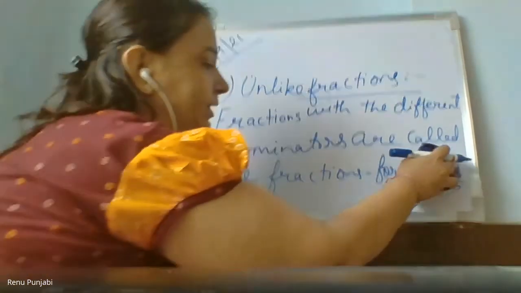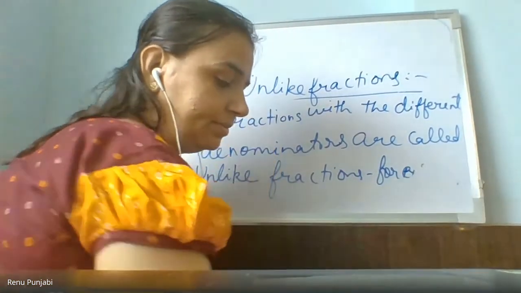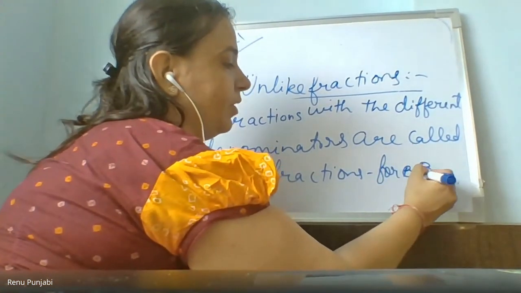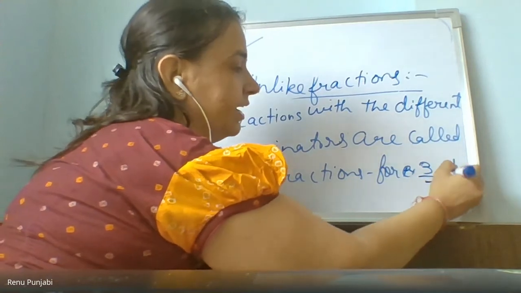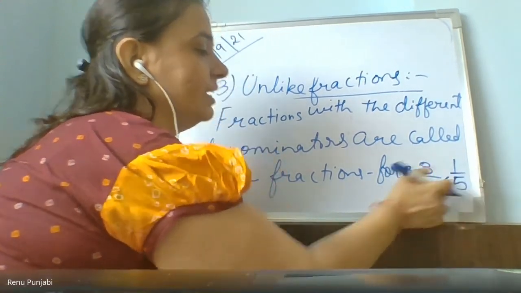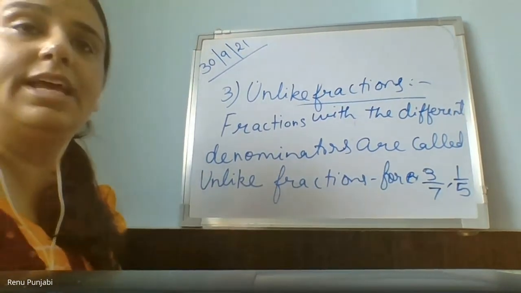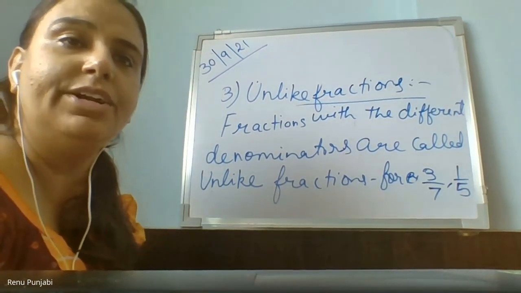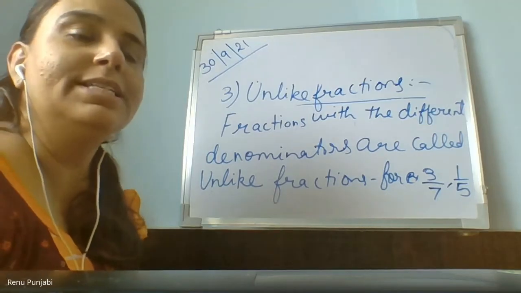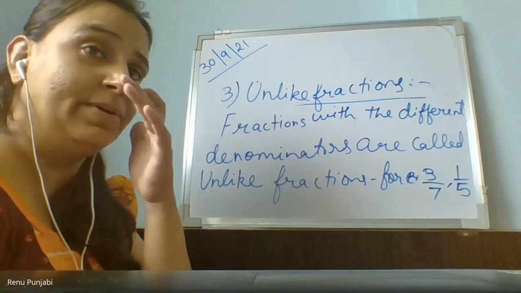For example, 3 upon 7, 1 upon 5. So you can see here that there are different denominators. Can you give me more examples with different denominators? Yes, Kiana. 2 upon 4. Any one example with a different denominator?